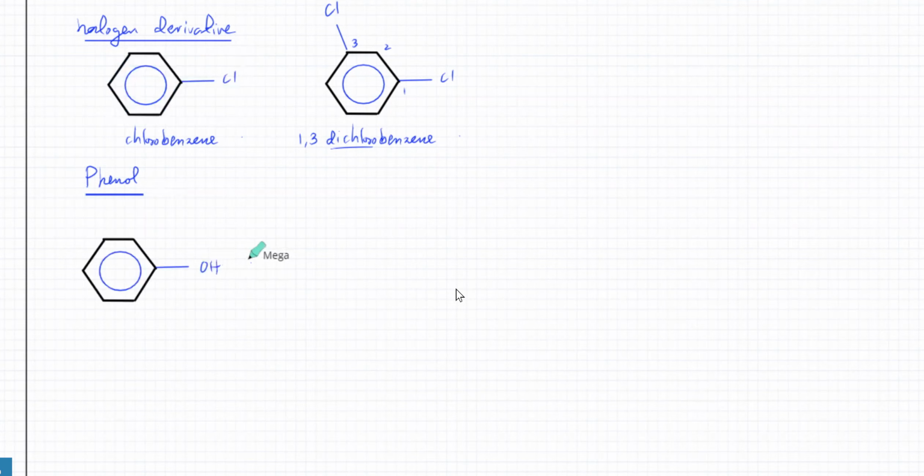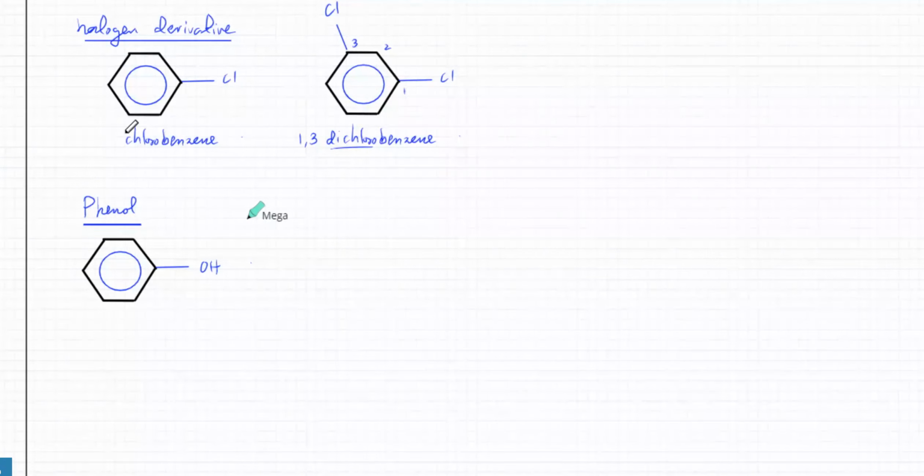And that's a phenol. Now remember, phenols are not alcohols, and they're also not benzene. They're a separate functional group. A phenol is going to behave differently compared to an alcohol. So don't think of it as an alcohol. And we're going to do the reactions later. So that's what a phenol is. And it will also behave differently compared to a benzene, like the benzene that we did.